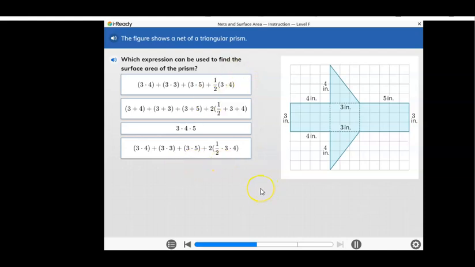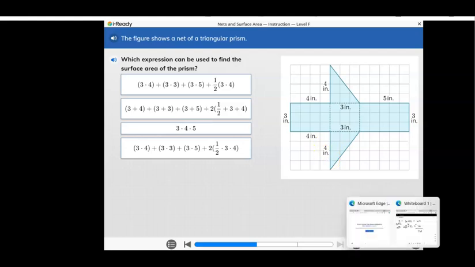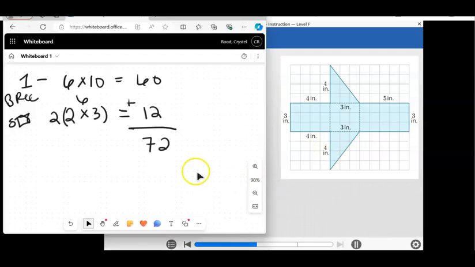Okay, so we want to identify what expression can show us the surface area of this prism. So we have to look here and see what makes sense. I see 2 right triangles, and the formula for a right triangle is 1/2 base times height.